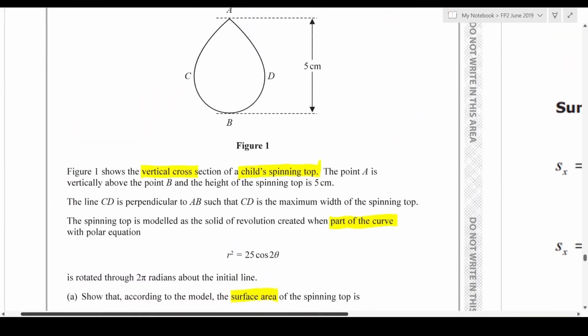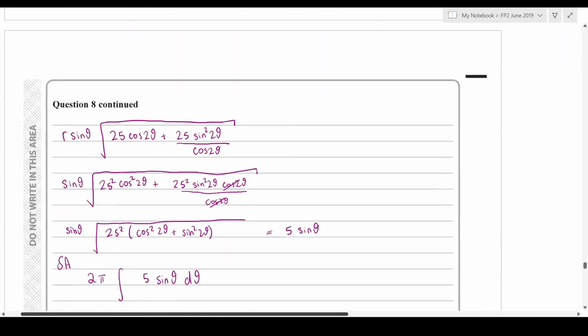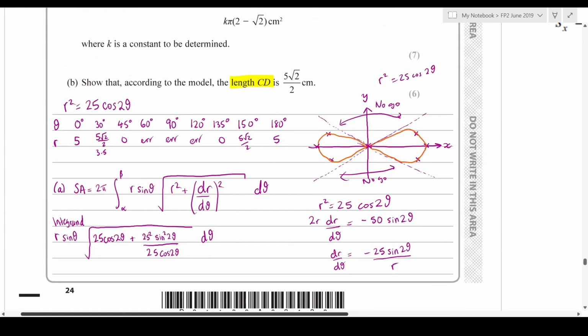Now, in terms of what values we're integrating between, I've got to my plot. r is 0 here. I've got the plus and minus here, but we've got to again remember the whole thing's rotated.